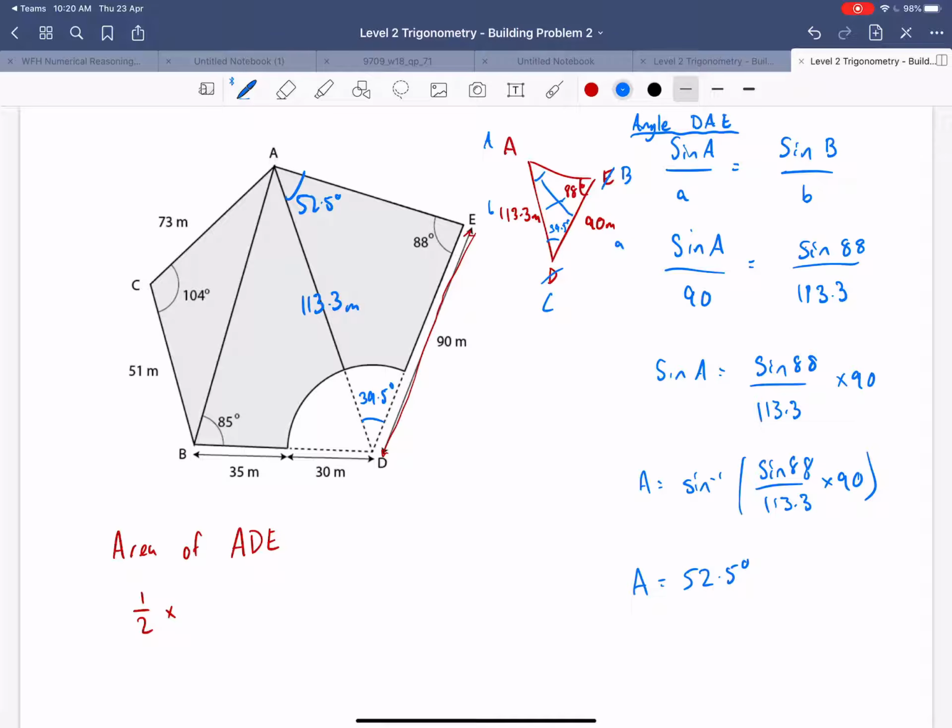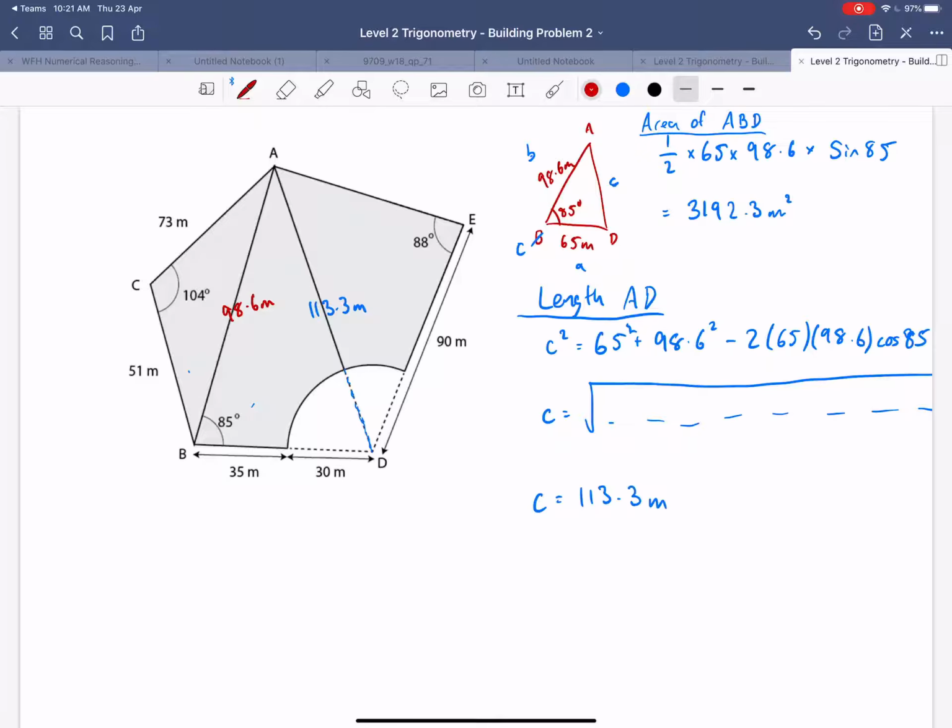Okay, so half times 90 times 113.3 times sine 39.5 gives me the area of ADE as 0.5 times 90 times 113.3 times sine 39.5 is 3,243.0 meters squared.